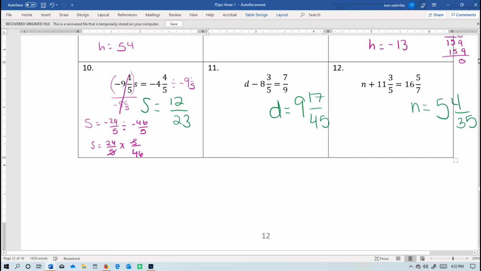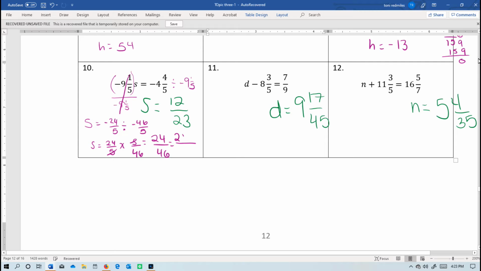All right, I can cancel out these 5s. I can do some more canceling, but I'm just going to do the obvious and reduce at the end. That way I do a little bit of both for you guys. All right, because everybody does it differently. I think 4.